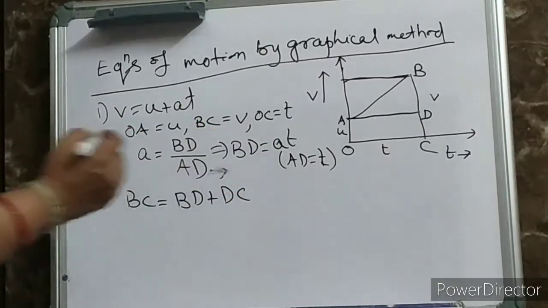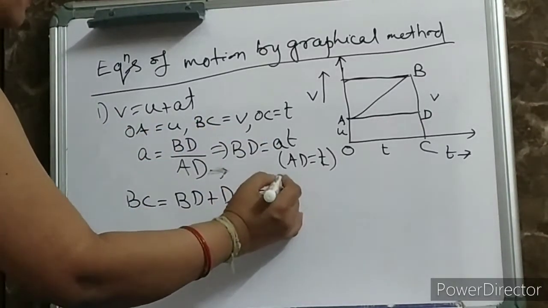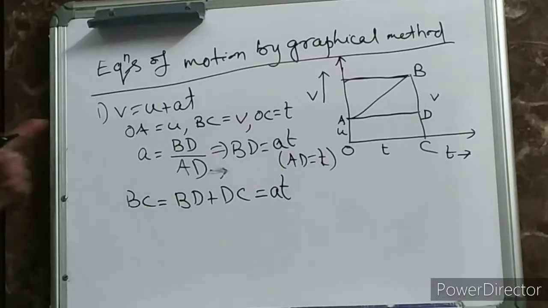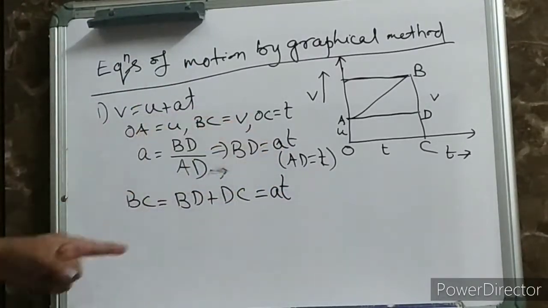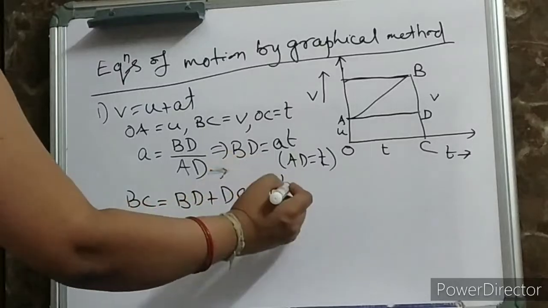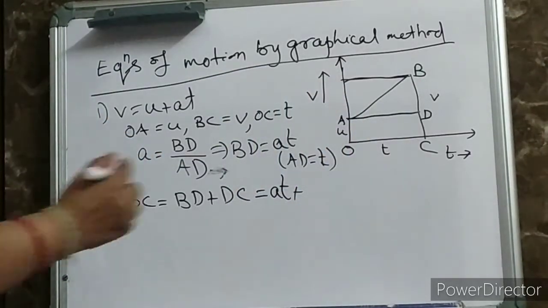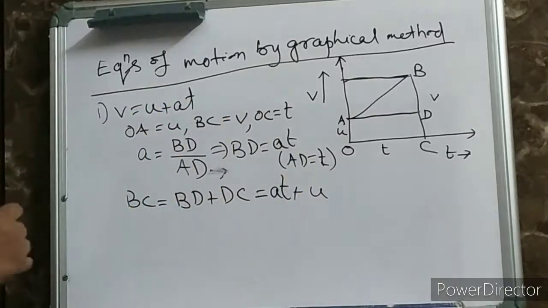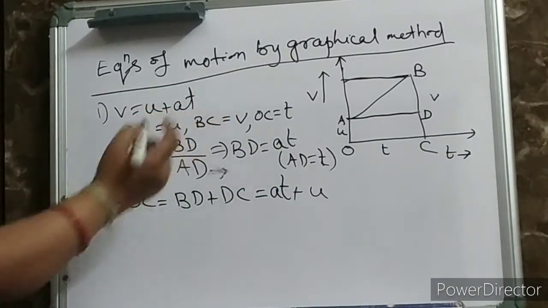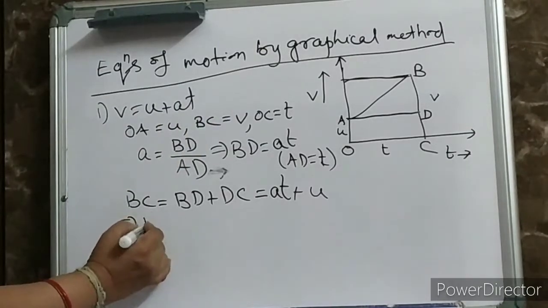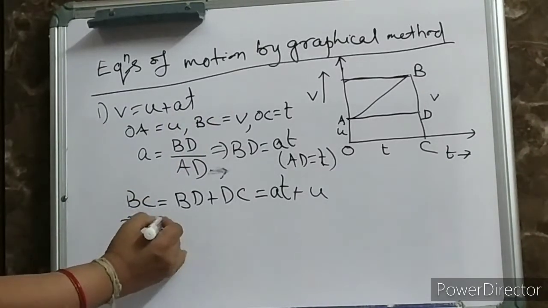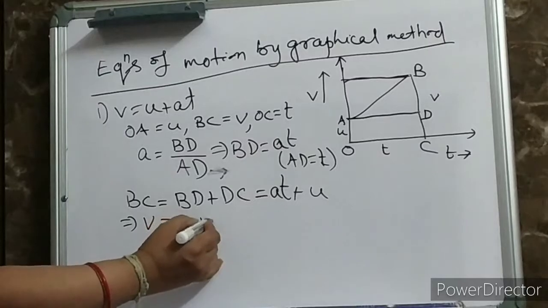What is BD? That is AT, as we have just derived. And DC is equal to OA, which is U. Is it clear? And what is your BC? BC is V. See? V is equal to U plus AT.